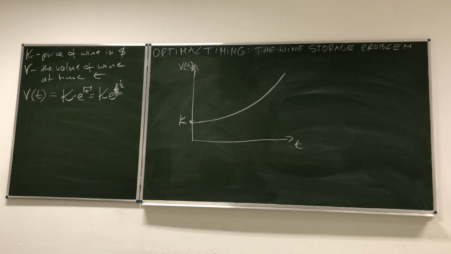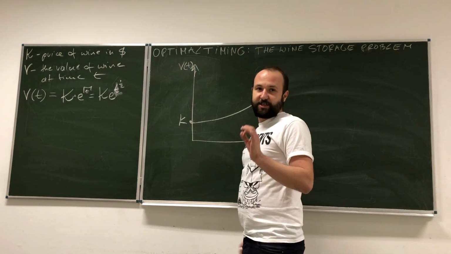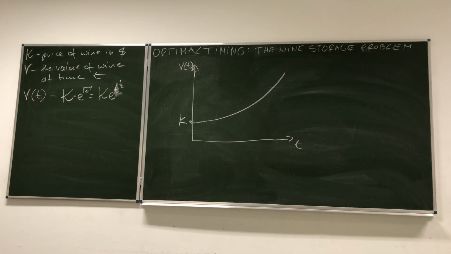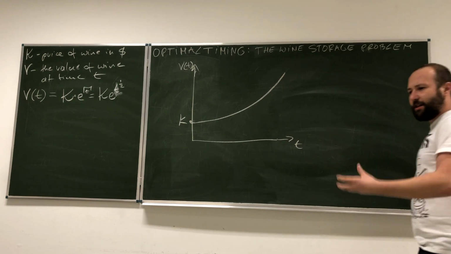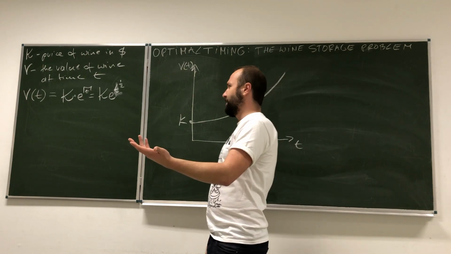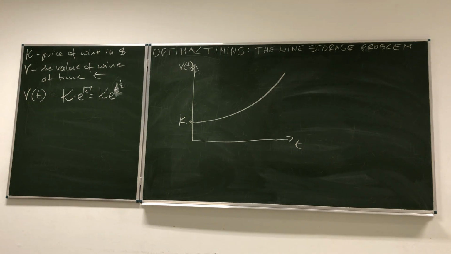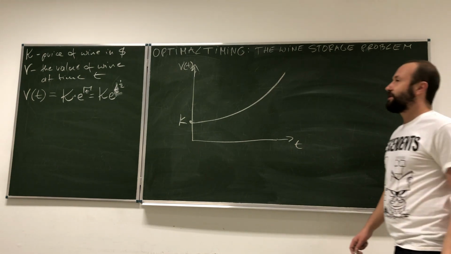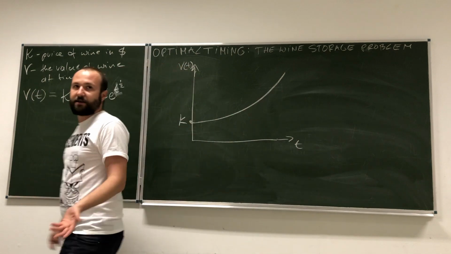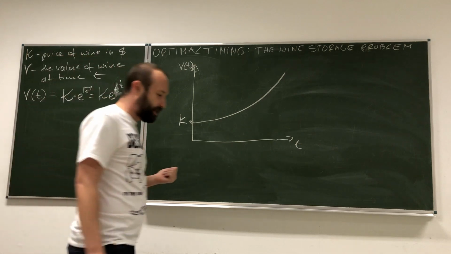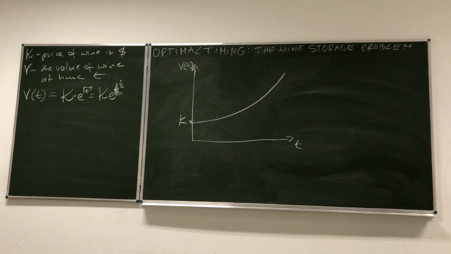Which means that if we look at it from the perspective of just counting, we have a wine whose value grows with time, and we have no cost of storage. So maybe we should keep the wine indefinitely. Well, if this is our investment, probably not the best option. Because, well, if you're going to keep it indefinitely, probably you will die before you have a chance to sell it.